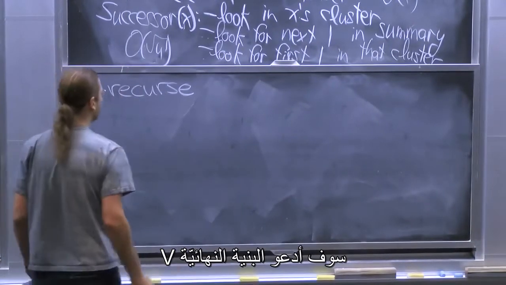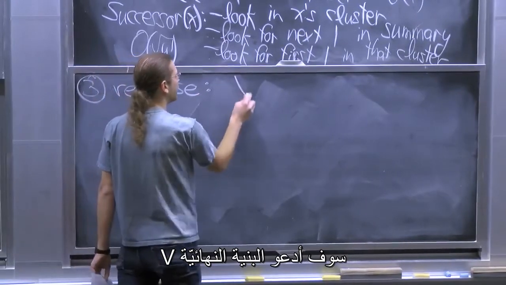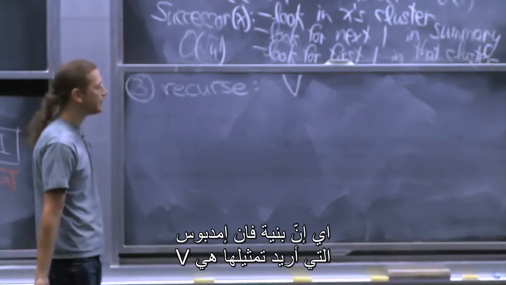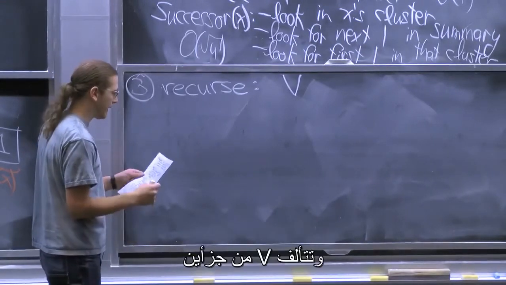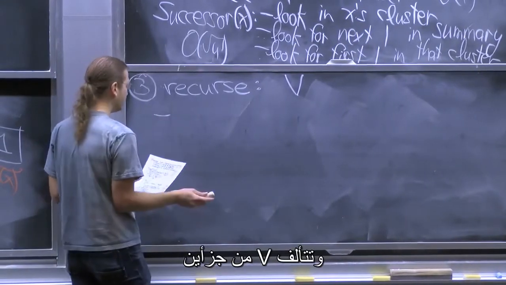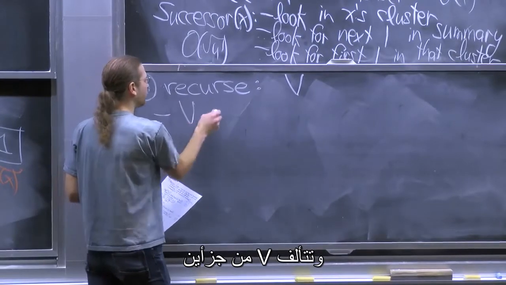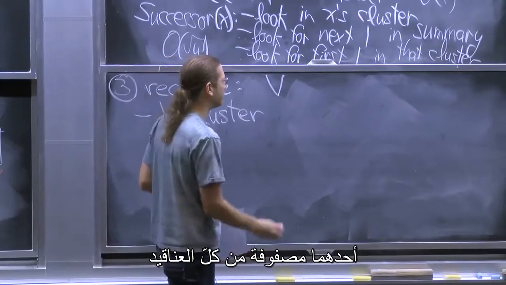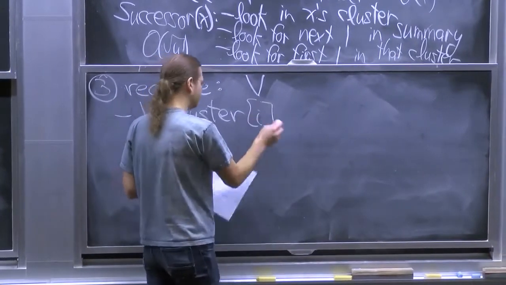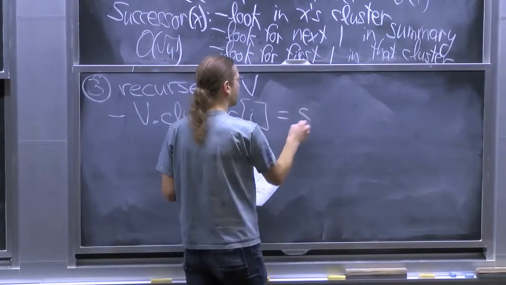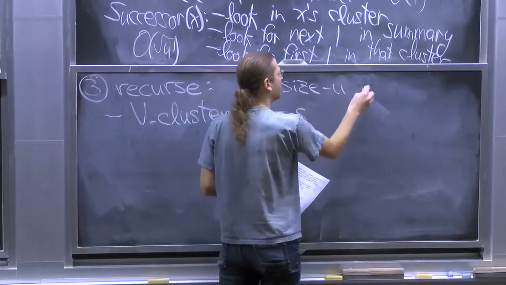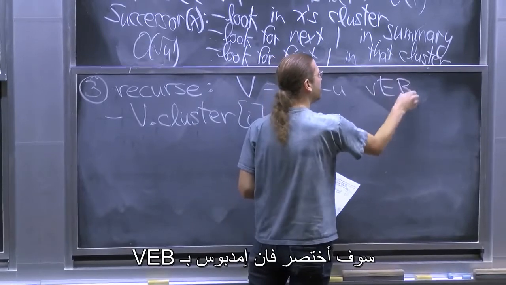So I'm going to call the overall structure I'm trying to represent V, a Van Emde Boas structure. And V is going to consist of two parts. One is an array of all of the clusters. I'm going to abbreviate Van Emde Boas as VEB.